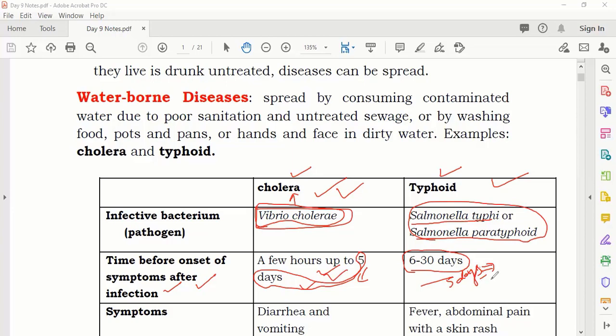Sometimes they do the test for typhoid, and sometimes for cholera, but cholera is more visible because you find vomiting, loose motions, all these things. But in typhoid, only fever is there, so it can be caused by malaria also, and by typhoid. So they will take a test, and in the test they will identify which one it is.